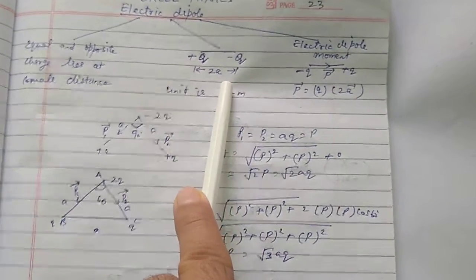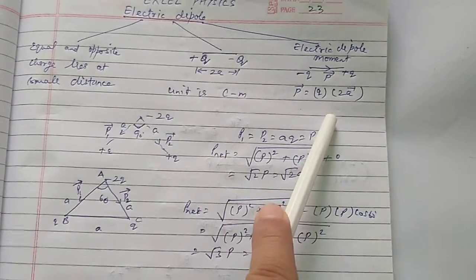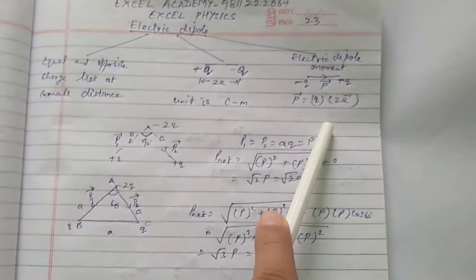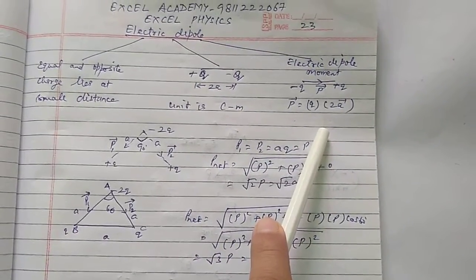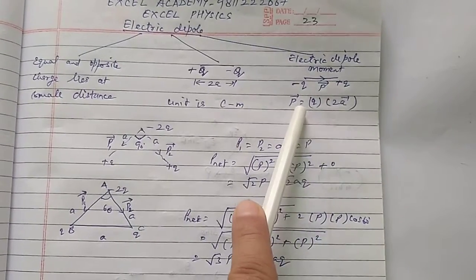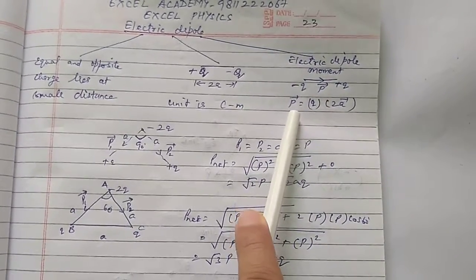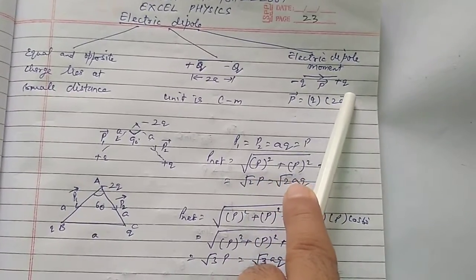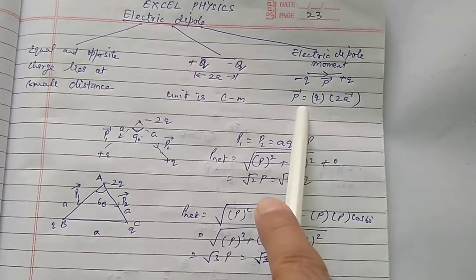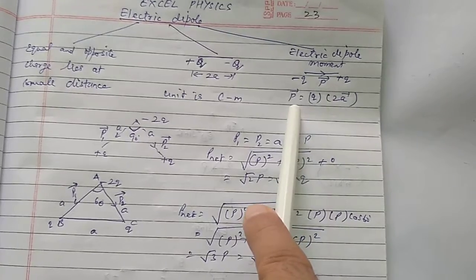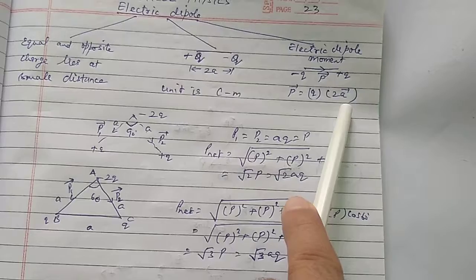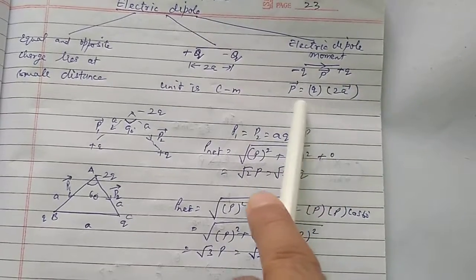We can take A also, but here we are taking 2A in order to make our derivation simple. Otherwise it can be taken as A itself. And since it is a vector quantity, it is directed from minus Q to plus Q charge. So therefore I can say electric dipole moment is equal to the product of charge into dipole separation.